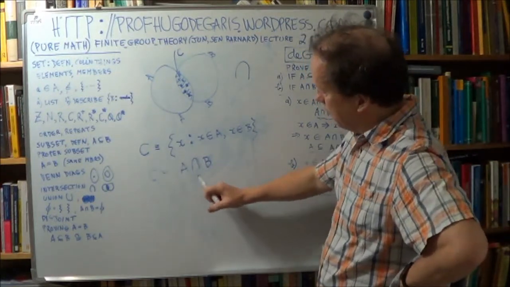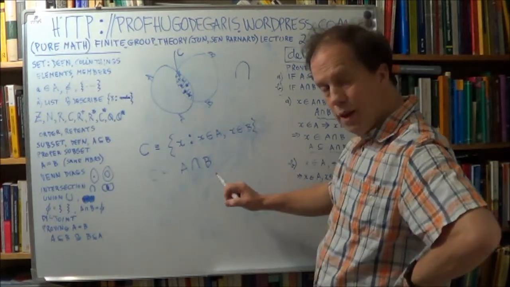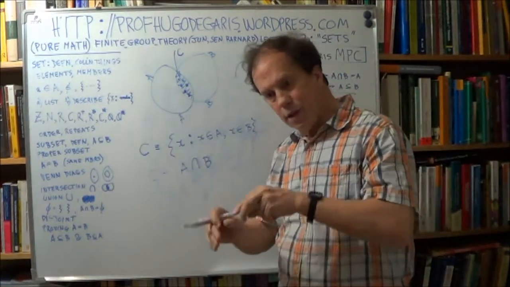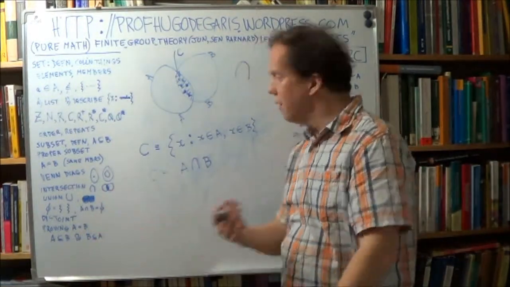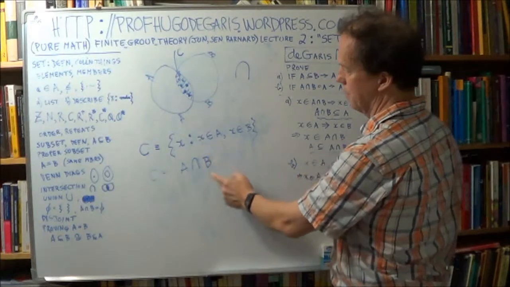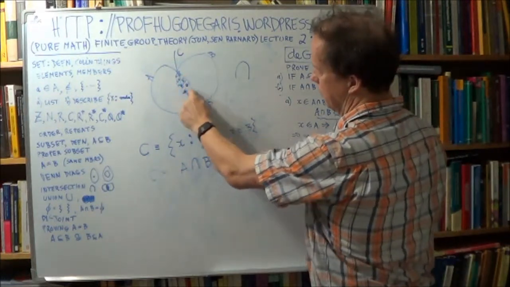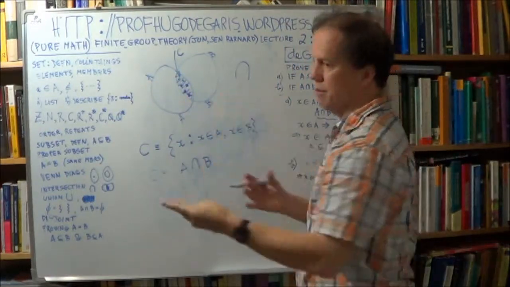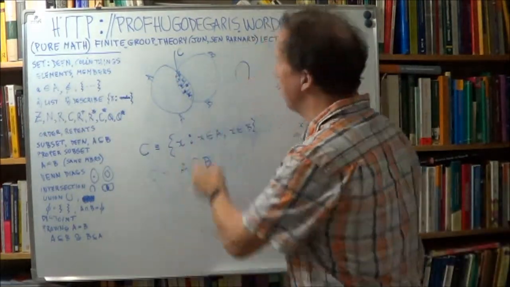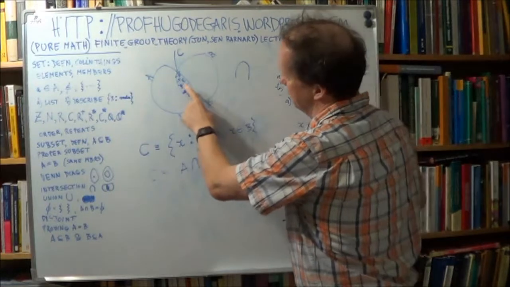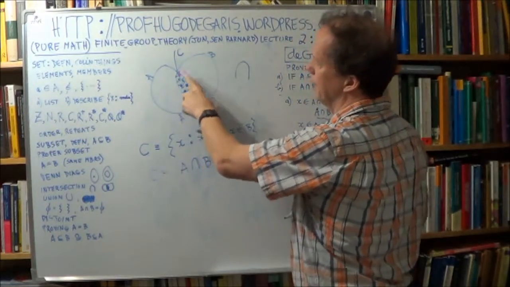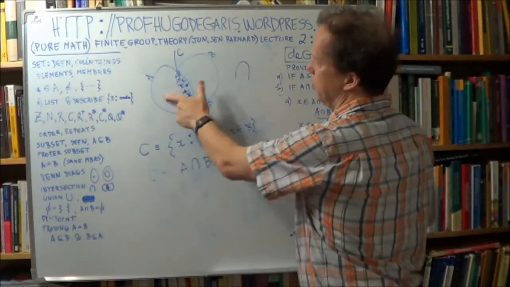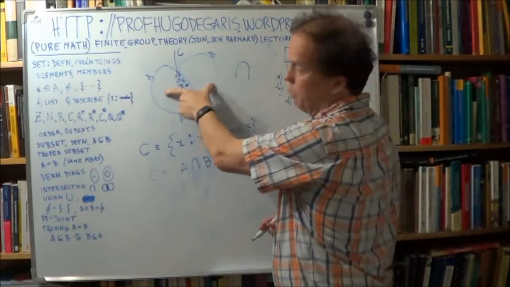So the intersection of two sets is the set of elements that lie in both sets. Yeah? So these points here, where the two sets overlap, so to speak. So intersection, overlapping, sort of the same. So the intersection is the set of those elements that belong to both A and B.